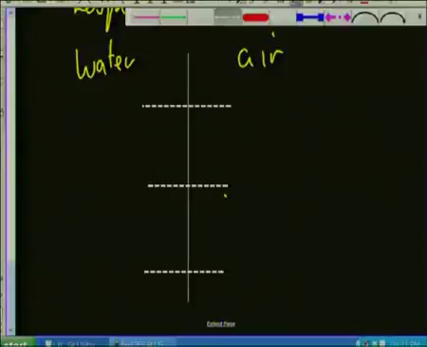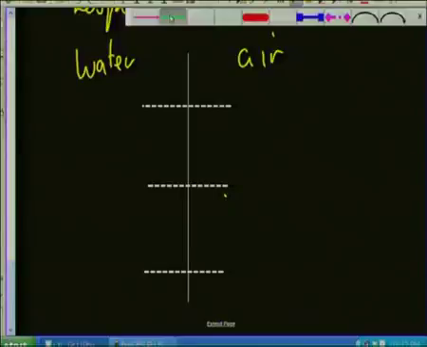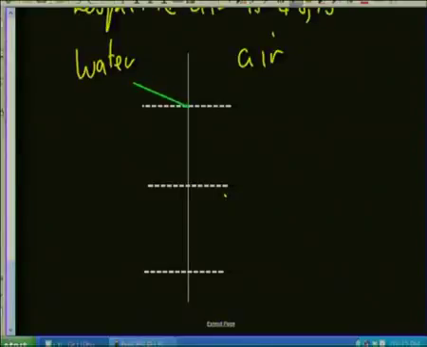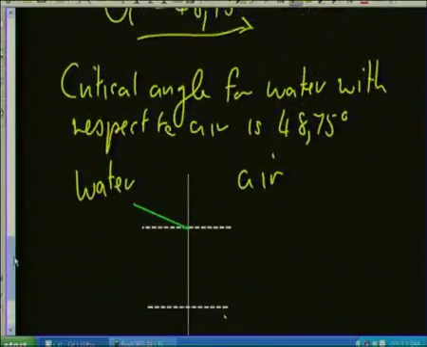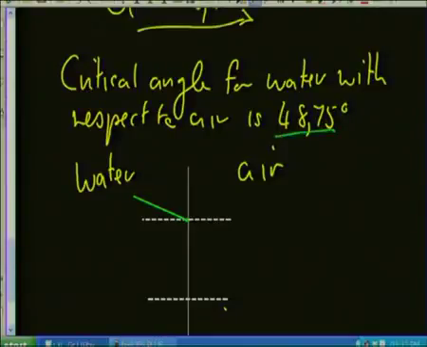So, first thing is what we recognize. If the angle of incidence is less than that critical angle, look at the critical angle again, 48, so this angle here, the angle theta, is clearly smaller than the critical angle.